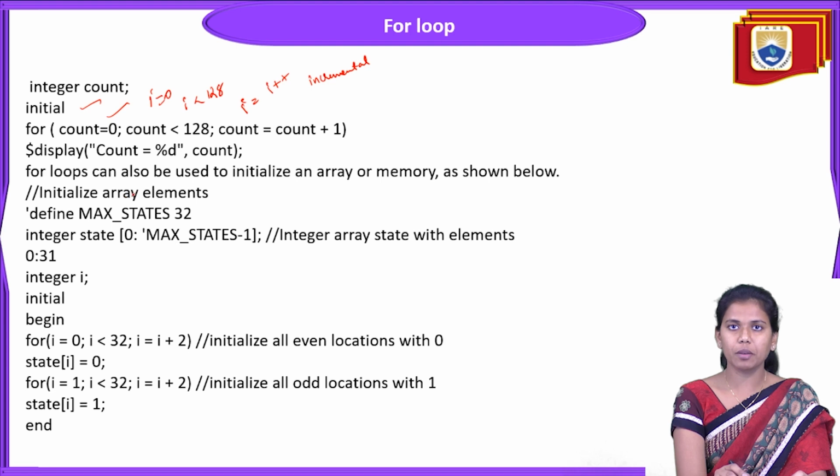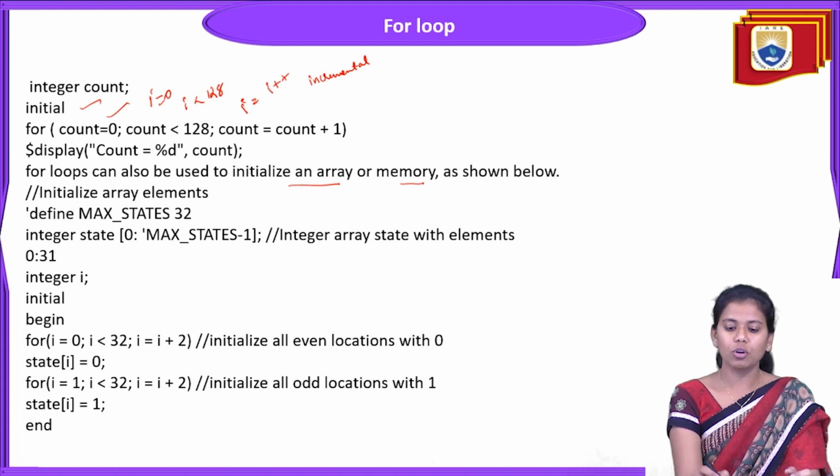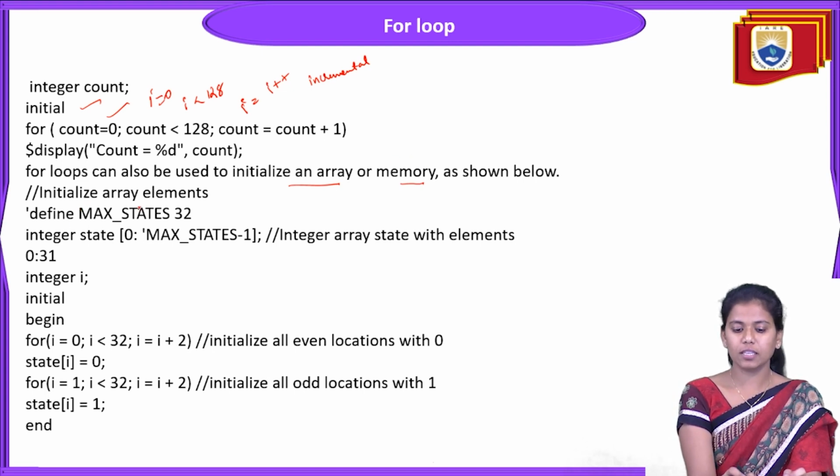For loops can also be used to initialize an array or memory, as shown. So here the for loop can also be used to initialize the memory as well as the array. Now initializing the array elements. Here define max states 32.